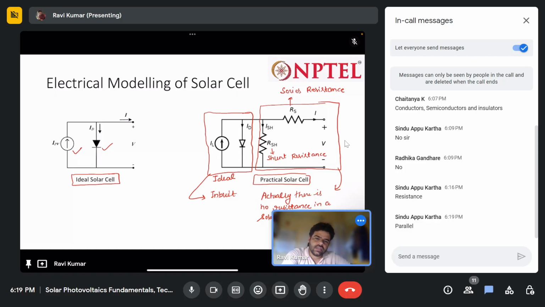What will happen if this RSH is 0? The condition of the solar cell if RSH is 0. Tell me the operating point of the solar cell.